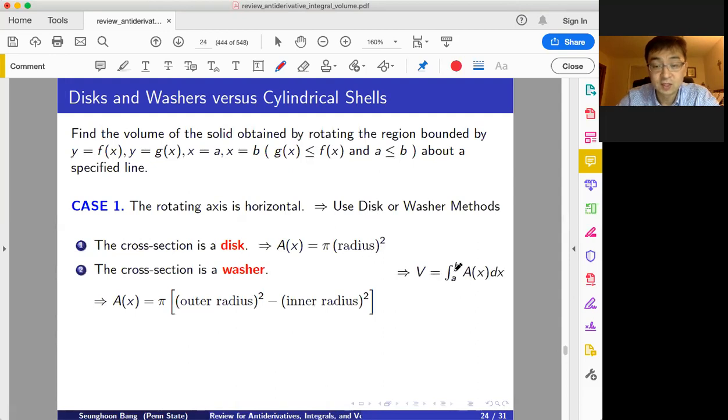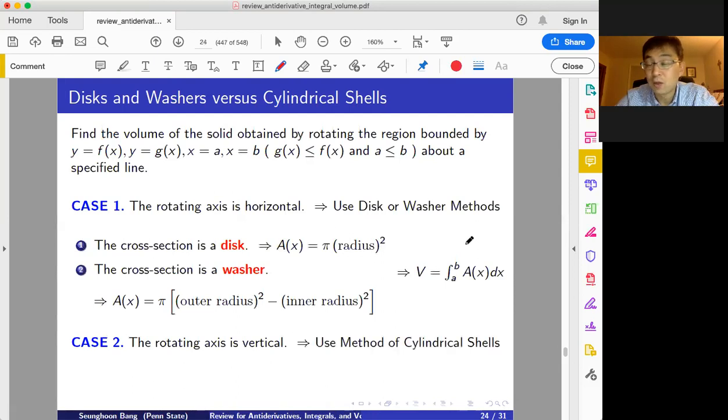The volume is the integral from a to b of A of x dx. For case 2, the rotating axis is a vertical line. You have to use the method of cylindrical shells. The volume is the integral from a to b of 2 pi times radius times height dx.